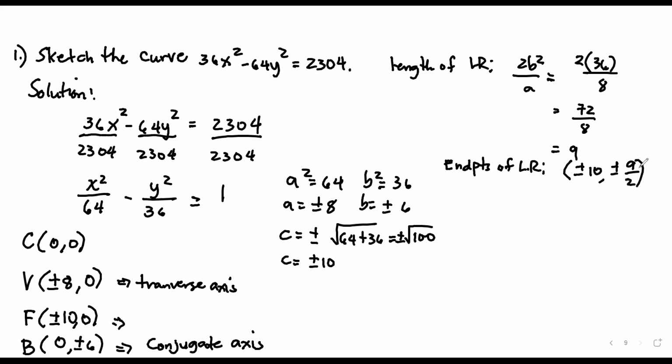All right, 9 halves. Okay? So pwede nyo paghiwalayin class. 10, 9 halves. Negative 10, bali apat to eh. 10, negative 9 halves. Negative 10, 9 halves. Negative 10, negative 9 halves. Dapat apat yan, yung endpoints ng lattice rectum.